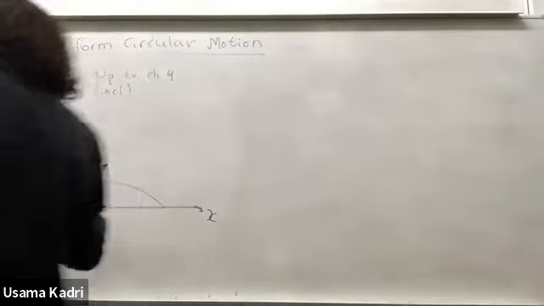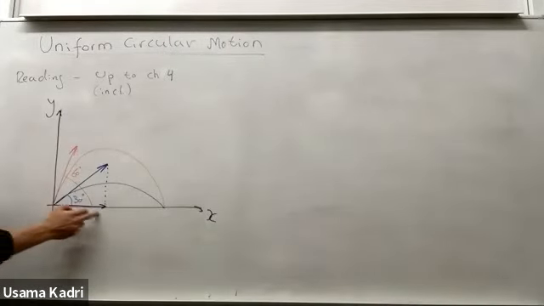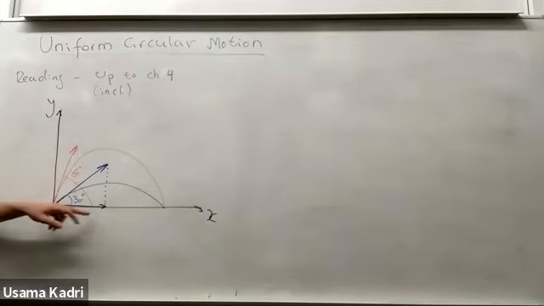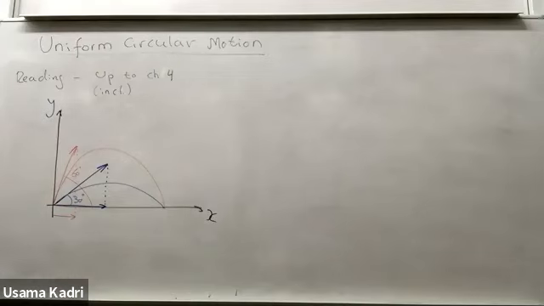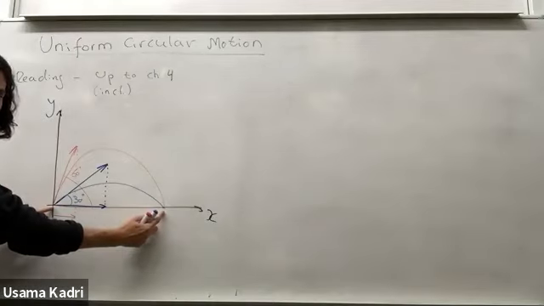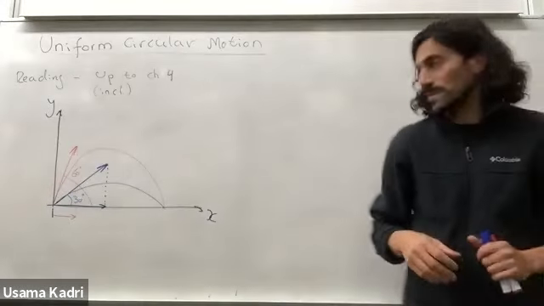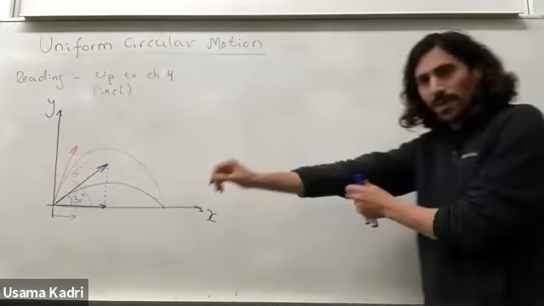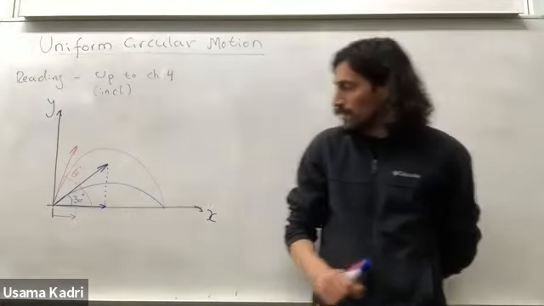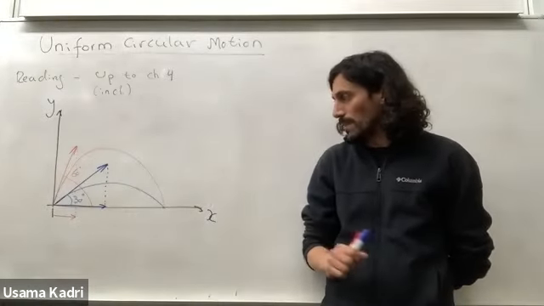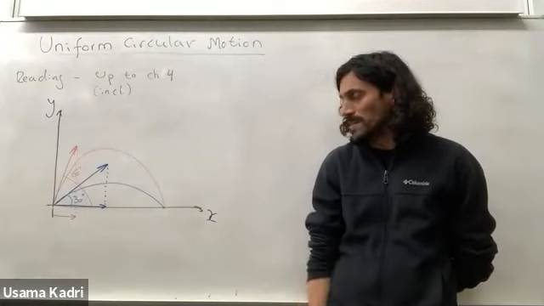But this vector here has a magnitude which is larger than that vector. And this is the same distance, so it has to be reached at shorter time. So this is one thing that we should understand from this exercise.